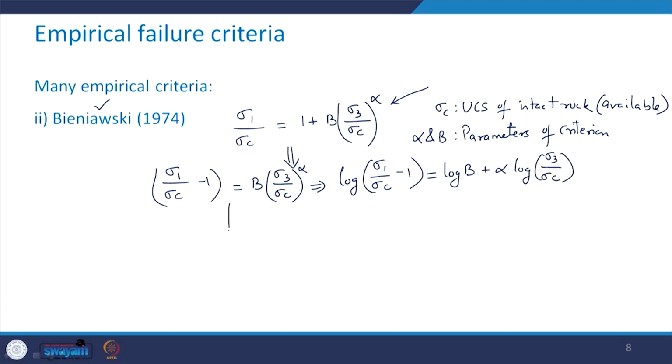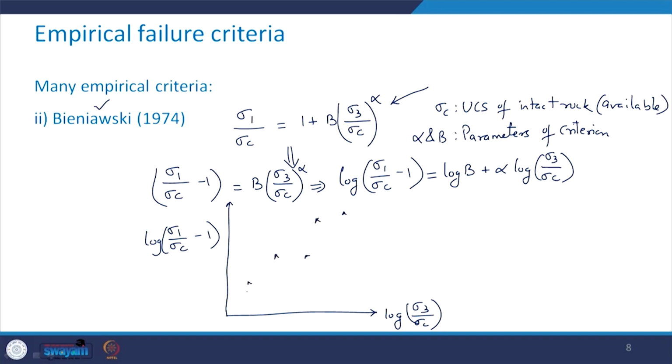So now if I try to plot the experimental data in this space, that is on x axis we have log of sigma 3 upon sigma c, and on y axis we have log of sigma 1 upon sigma c minus 1, and say these are some of the data points.